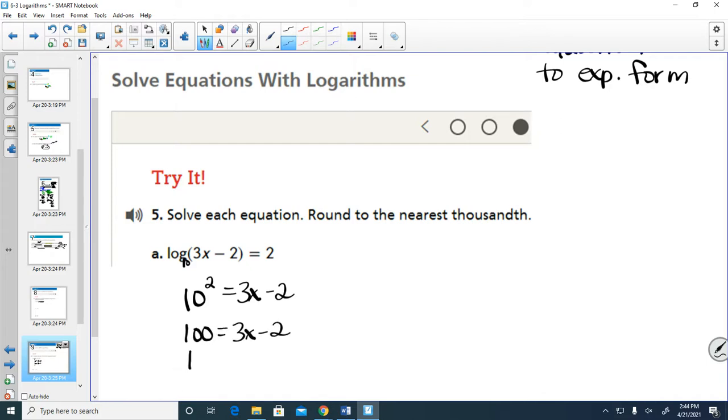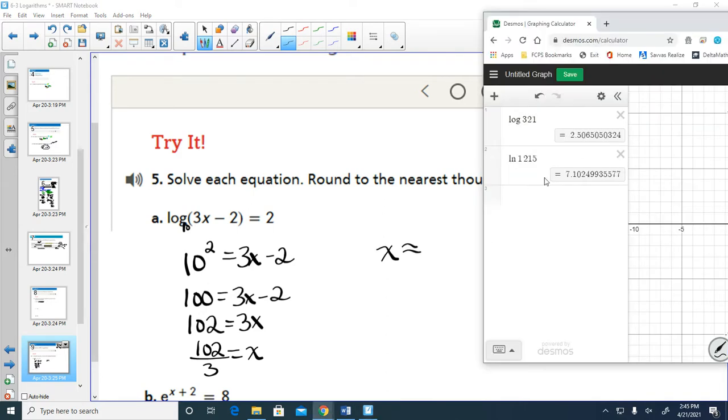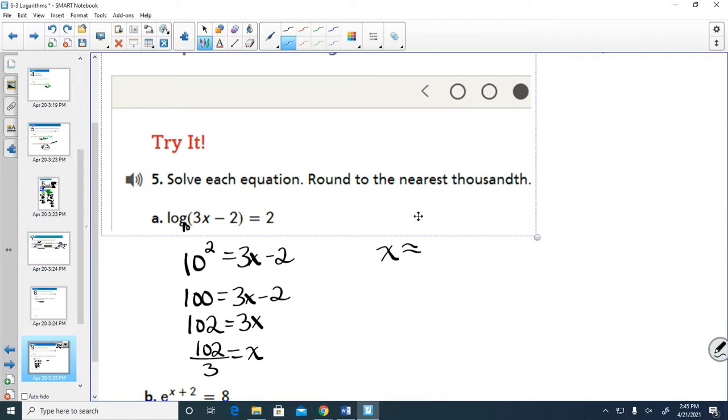If I add 2 to both sides, I get 102 equals 3x. Divide both sides by 3, and 102 over 3 is equal to x. They tell me to round to the nearest thousandth, which is 3 decimal places. So 102 divided by 3 is 34. 34 is even, so I don't even have to round.